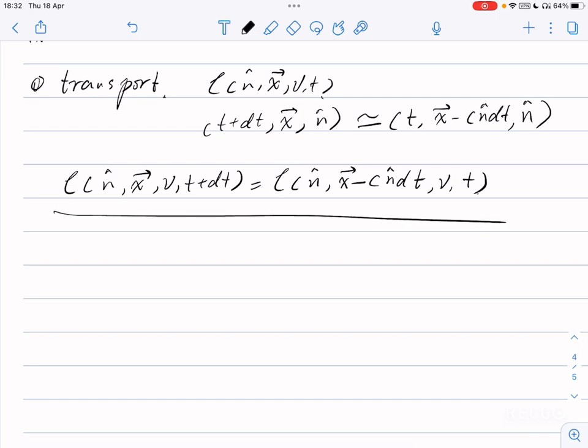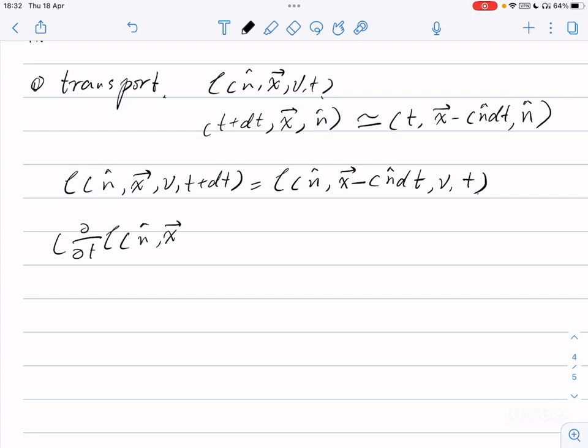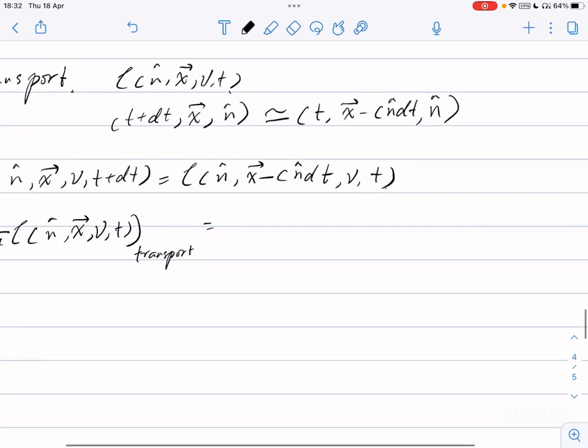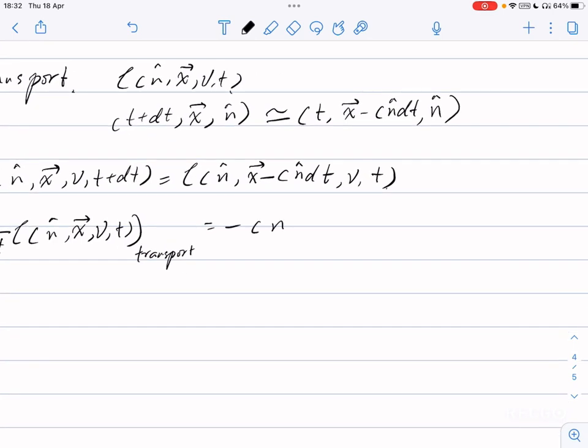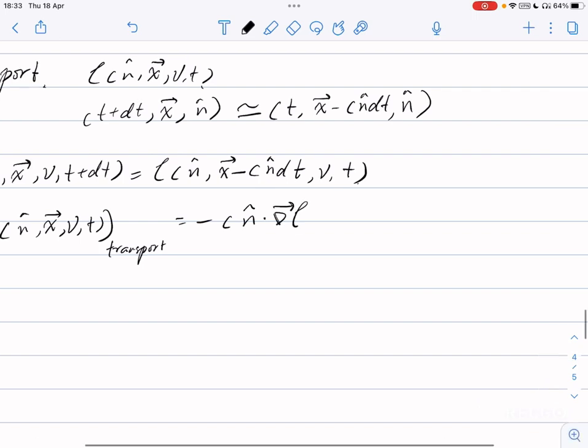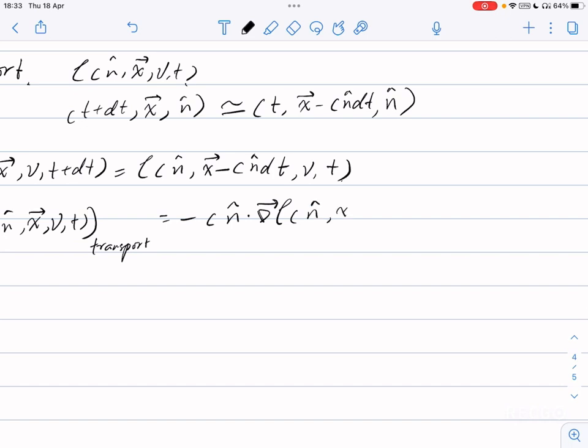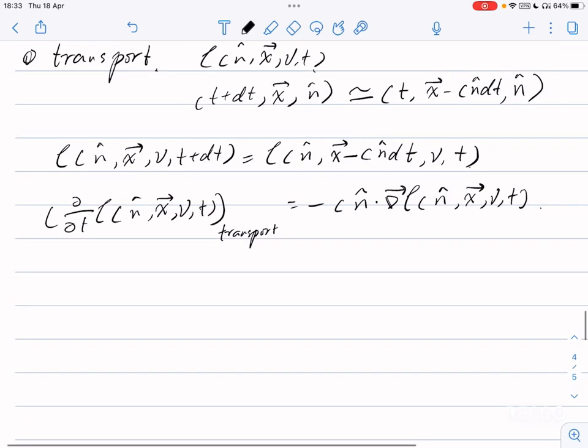And from this, we can easily obtain that ∂t L(n, x, ν, t) from transport equals minus c n dot the gradient of the distribution function L. This is the first contribution to the distribution L.